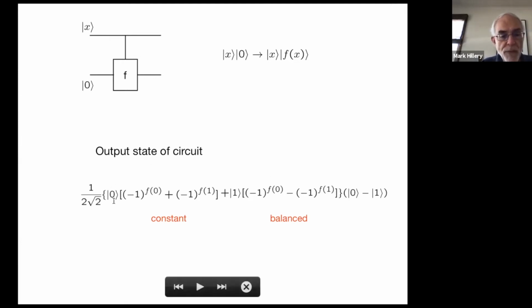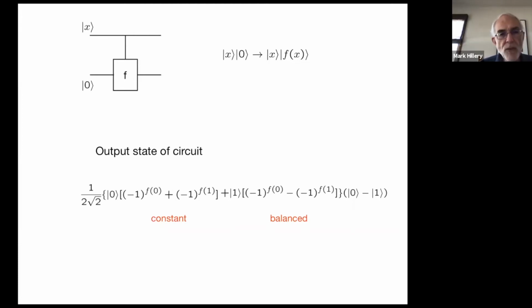The first qubit will be in the state 0. Now, if the function is balanced, this first term, the minus 1 to the f of 0 plus minus 1 to the f of 1, will be 0, because one of those will be 0 and one of them will be 1. But the other term, the one where we have the difference, that will be either plus 2 or minus 2. So if the function is balanced, the first qubit will be in the state 1.